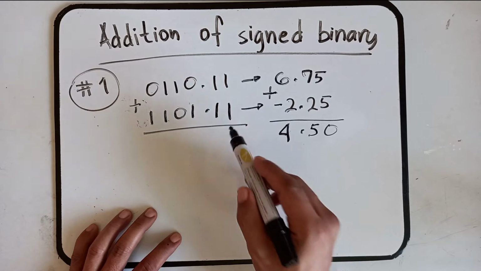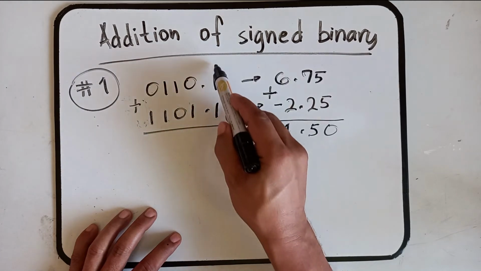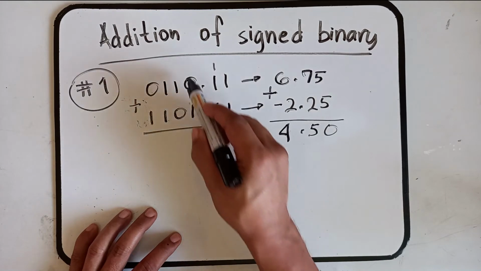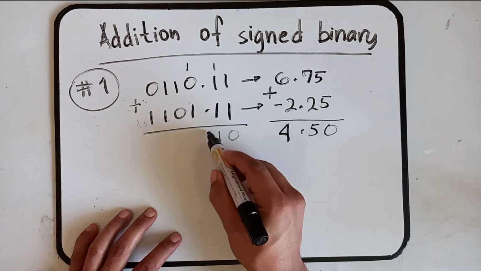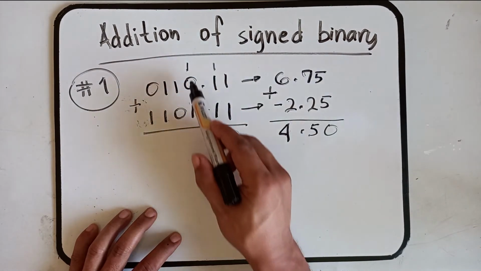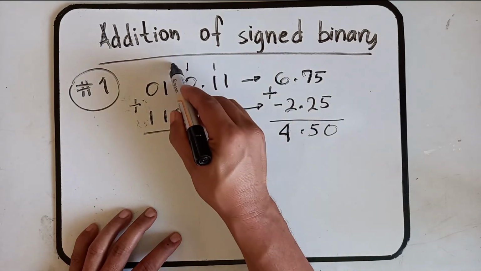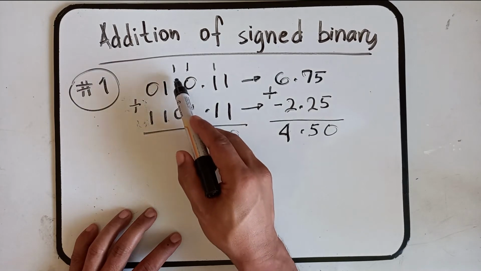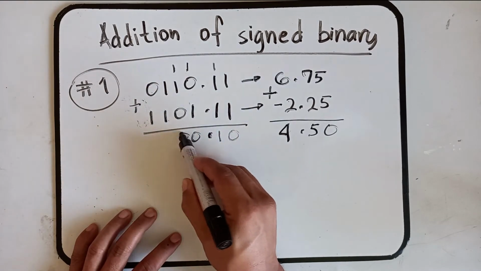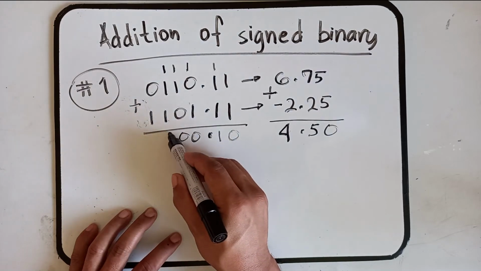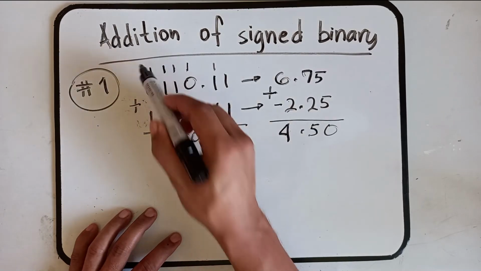1 plus 1, this is 0, carry 1. 1 plus 1 plus 1, this is 3, so 1, carry 1. Then we have to maintain the radix point. 1 plus 0 plus 1, this is 0, carry 1. 1 plus 1 plus 0, this is 0, carry 1. 1 plus 1 plus 1, this is 1, carry 1.